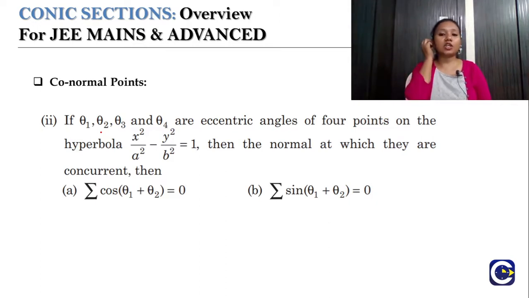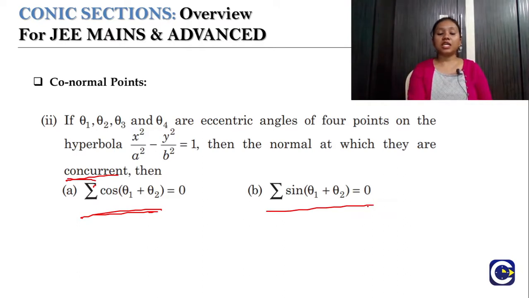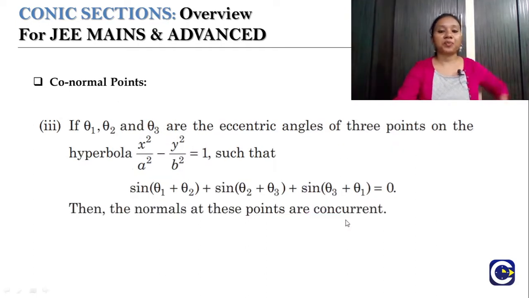If the normals at these points are concurrent, then they give the condition sigma cos of theta 1 plus theta 2 is equal to 0. Similarly, there is another condition, that is sigma sine of theta 1 plus theta 2 is equal to 0.